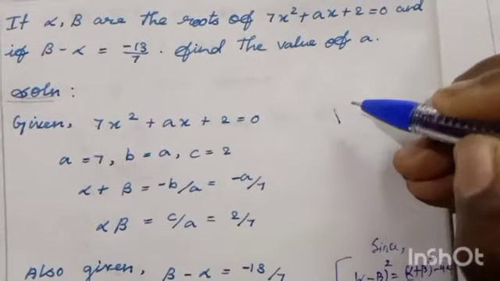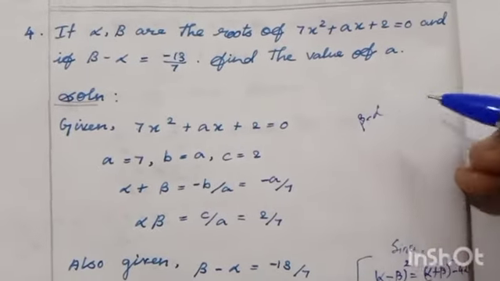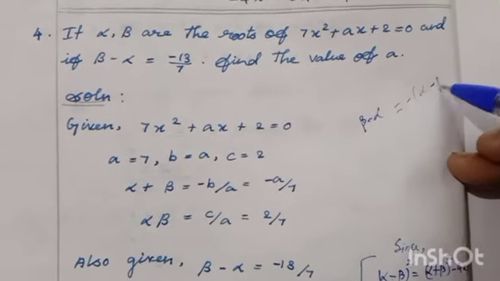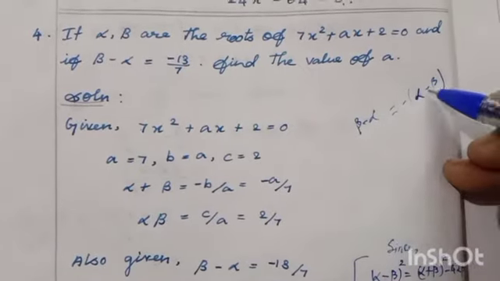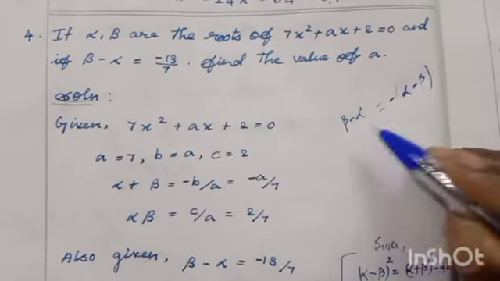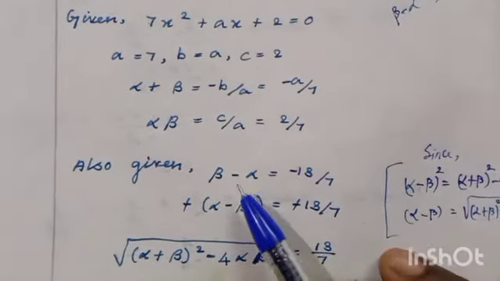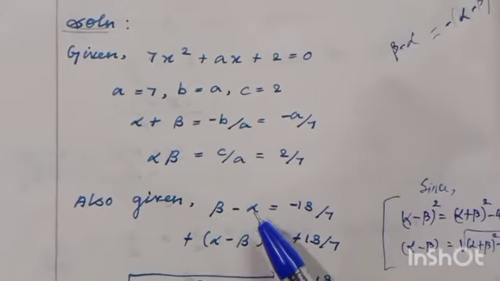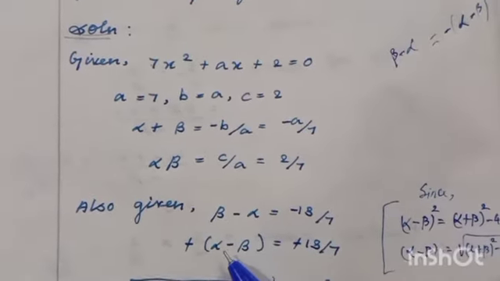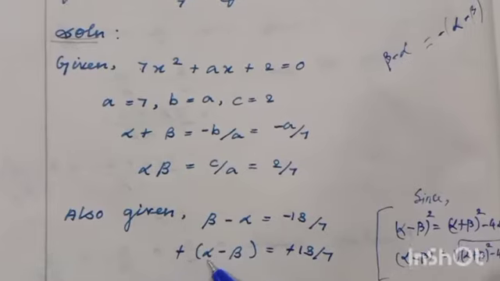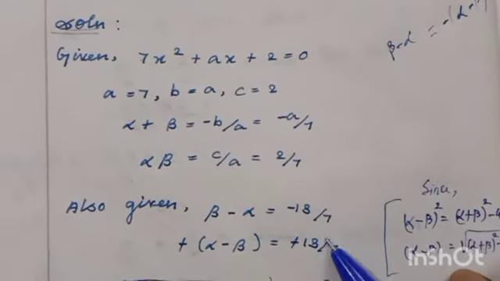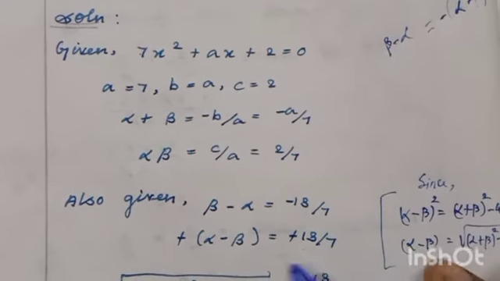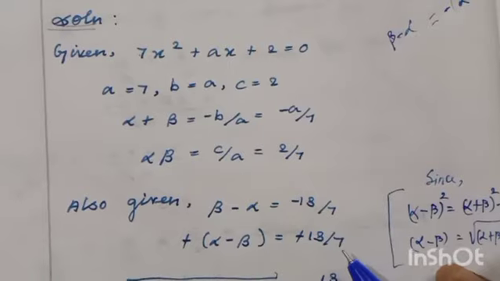Listen, beta minus alpha, you have to take minus common, so that is minus of alpha minus beta is equal to minus 13 by 7. This is rewritten in this form. The minus minus cancel, so alpha minus beta is equal to 13 by 7.